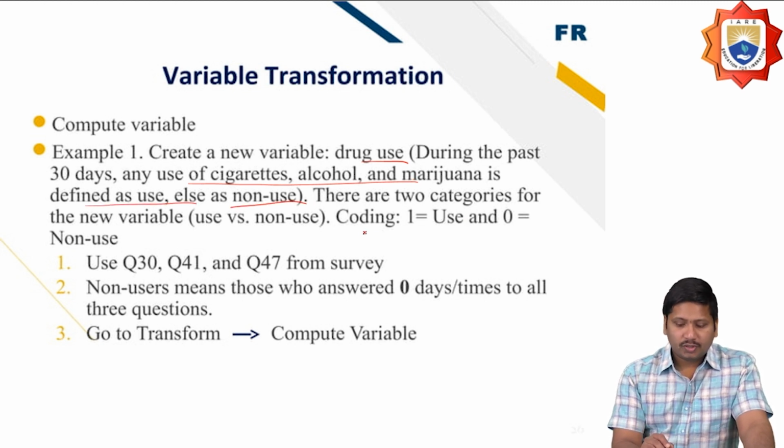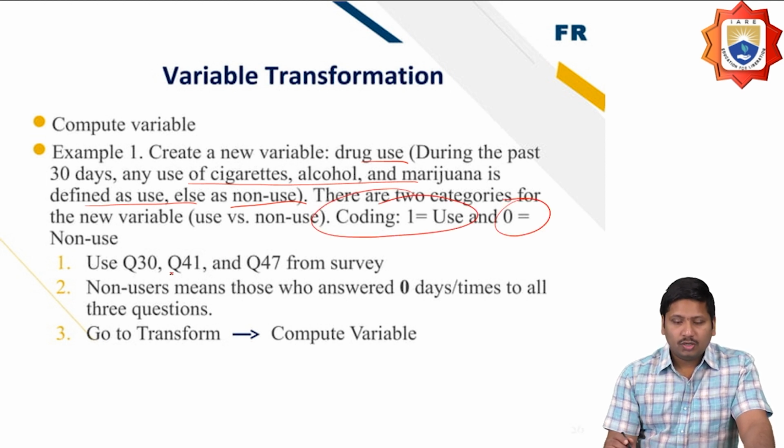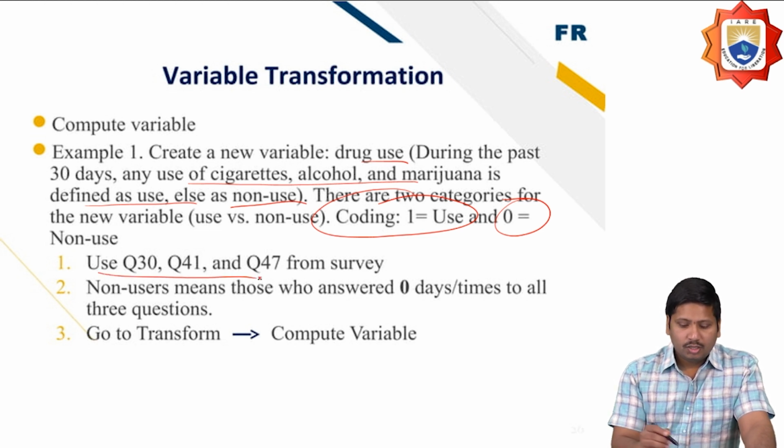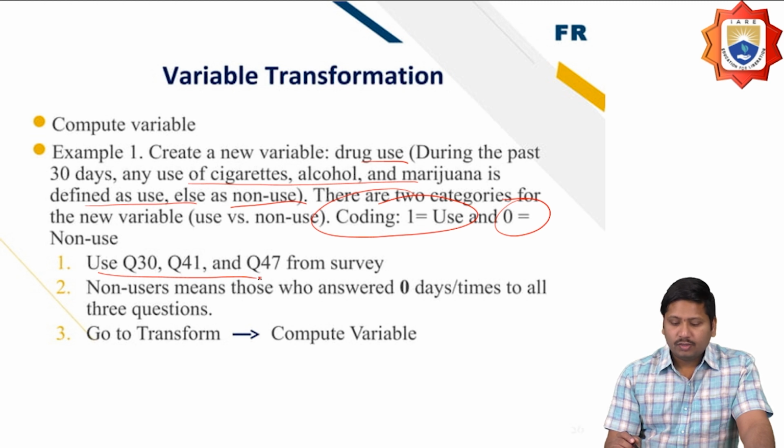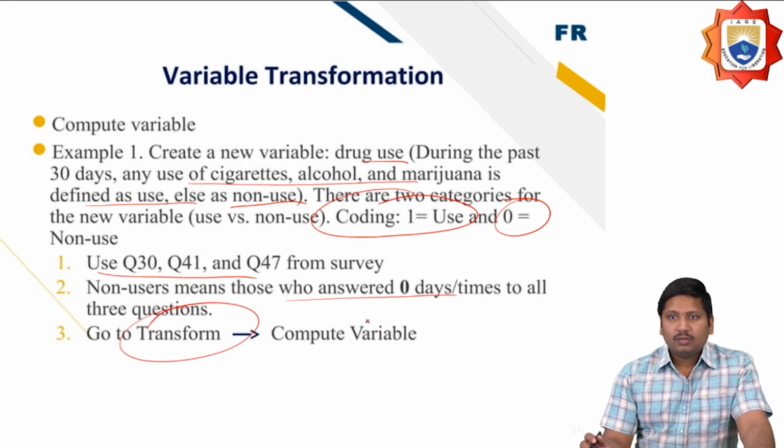So there are two categories, coding 1 as use and 0 as not using. From the survey, using Q30, Q41, and Q47, we have to transform that using Compute Variable. That is how variable transformation should be done.